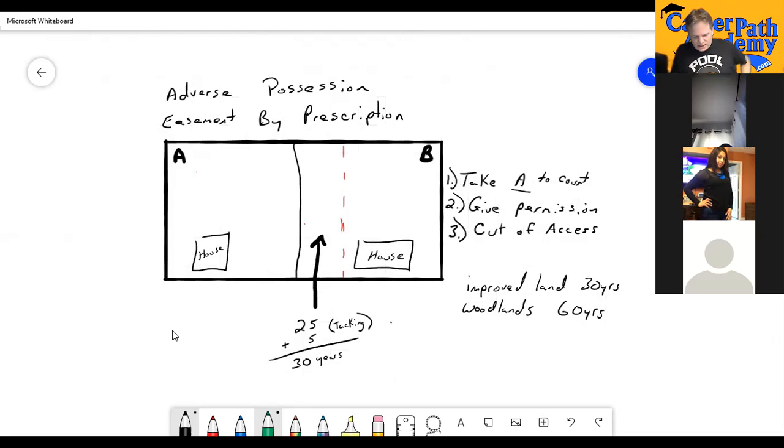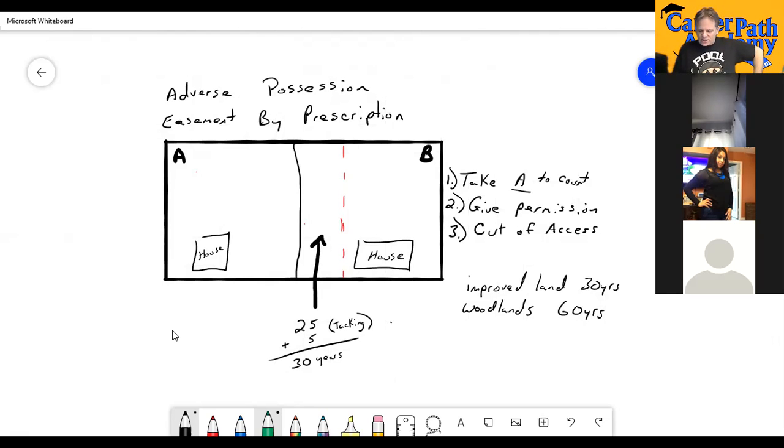Now, if we look at the book on page 99, we're going to highlight an easement by prescription under easement appurtenant: an easement that grants the rights of the owner to an adjacent parcel of land is an easement appurtenant. And then go underneath the picture and write, for an easement appurtenant to exist, there must be two adjacent tracts of land, each owned by different parties.